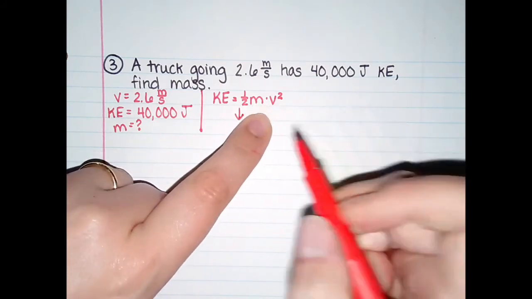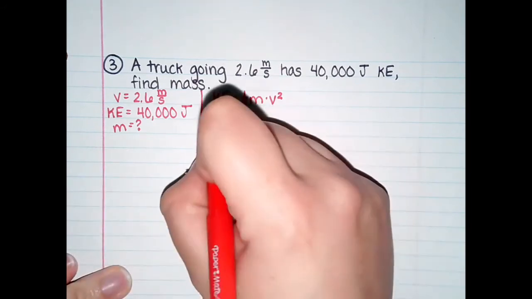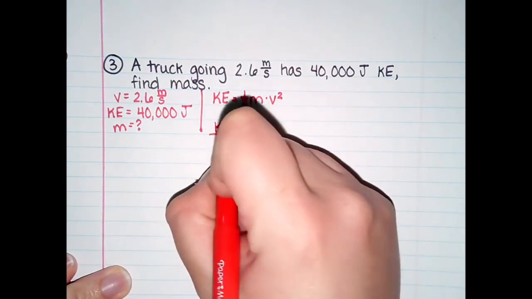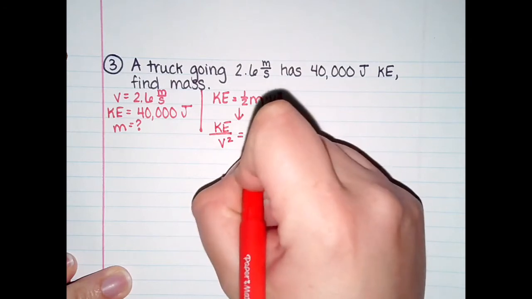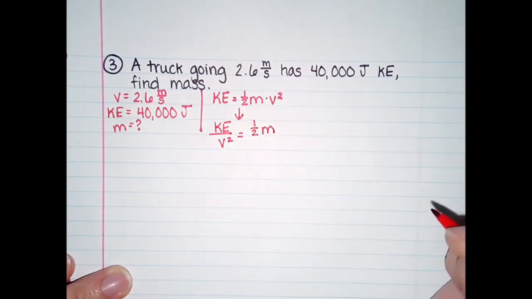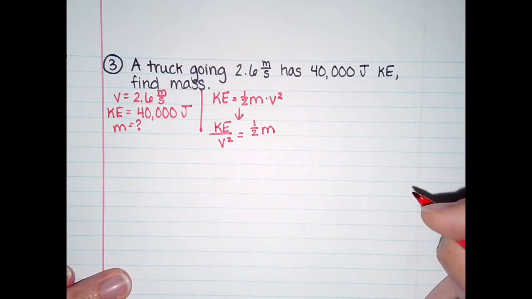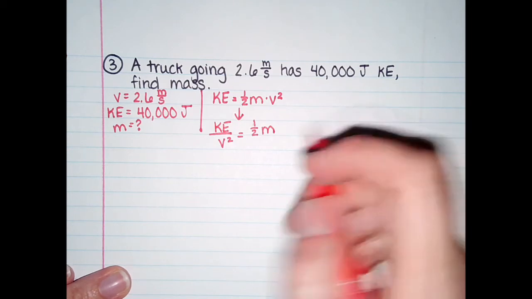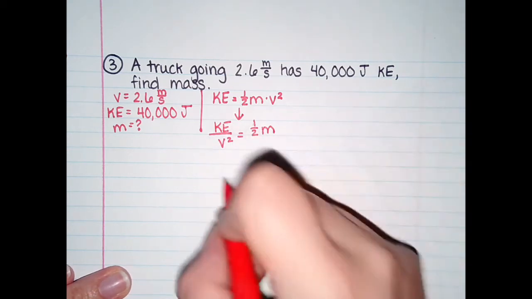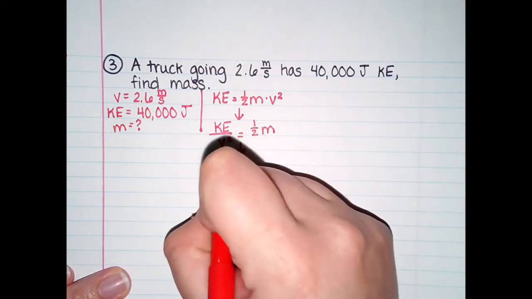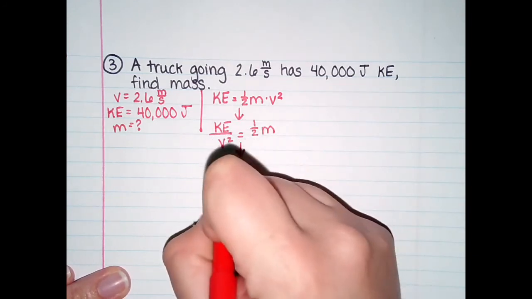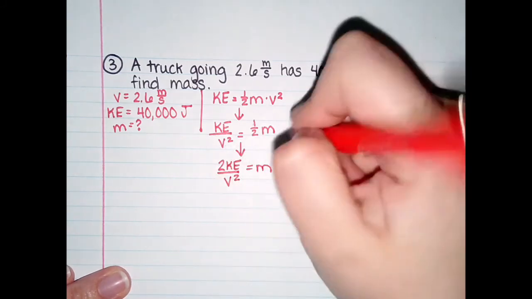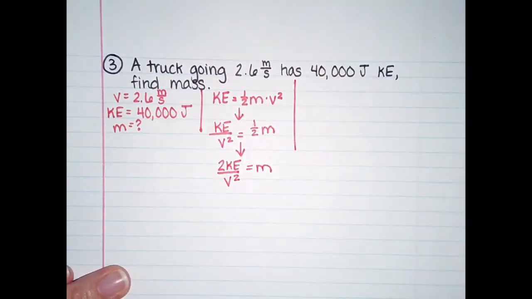So if I divide away the v squared, I get KE over v squared equals 1/2 of m. Now I want to get rid of the 1/2 and just have m by itself. And to do that, I multiply by 2 on both sides. Now I have this completely rearranged.